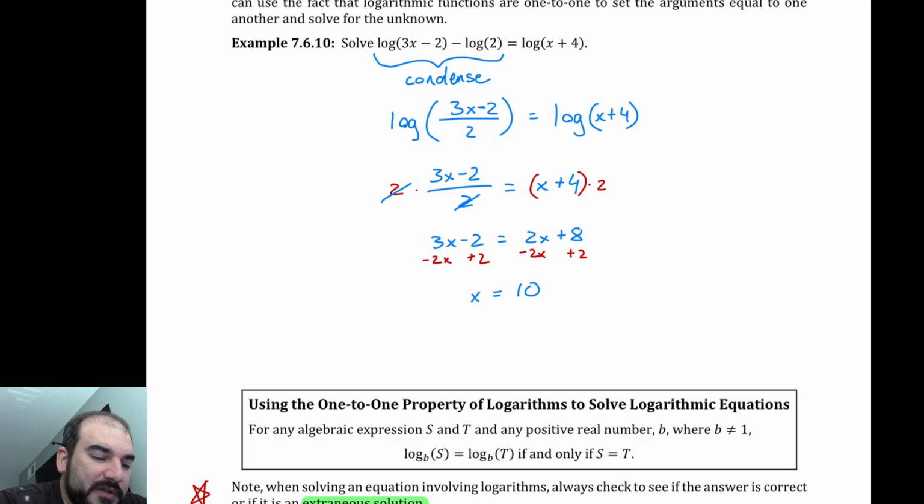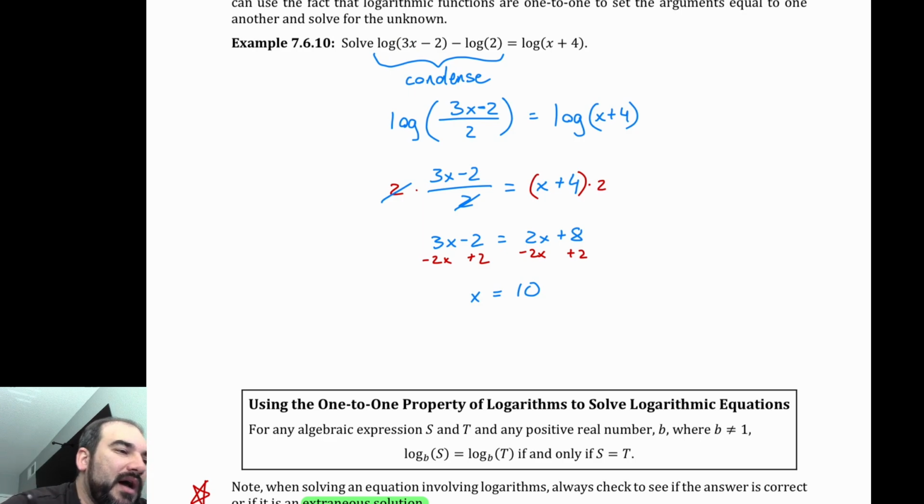The reason we have to check the answers of logarithmic equations is the restricted domain of logarithms. Remember that if the number inside of a logarithm is negative, that is outside the domain. We cannot plug in negative numbers.